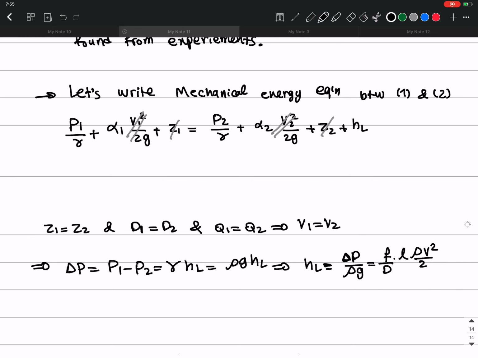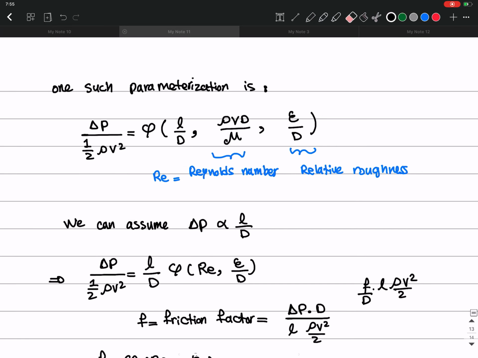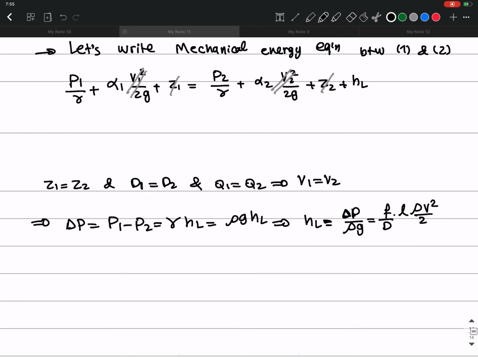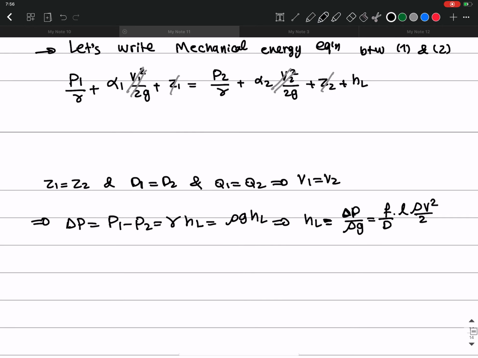This is going to be delta P, and then multiplied by 1 over rho g. So the rhos are going to cancel out. So you can use this from the definition of friction factor.